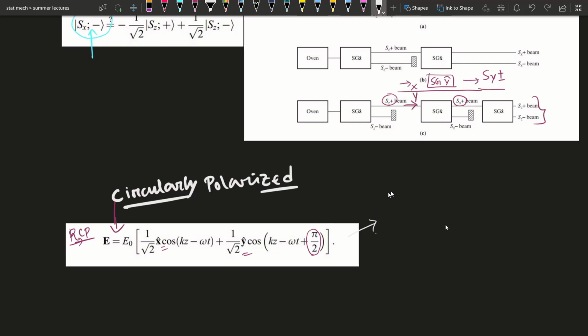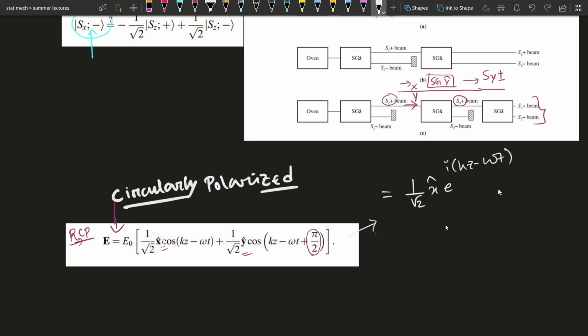Now if we write this in complex notation, we can write it like this: 1 by root 2 x cap e to the power i(kz minus omega t).